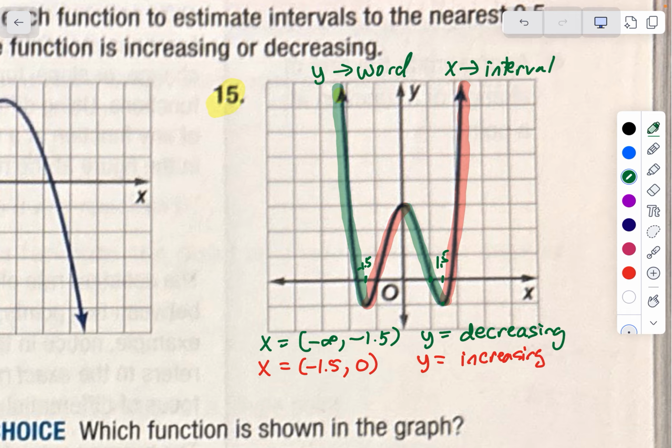Let's keep going. From an x value of 0 to an x value of 1.5, that's this little section, my y is going downhill. I've always done the exact opposite colors as I've done just now, but sorry.